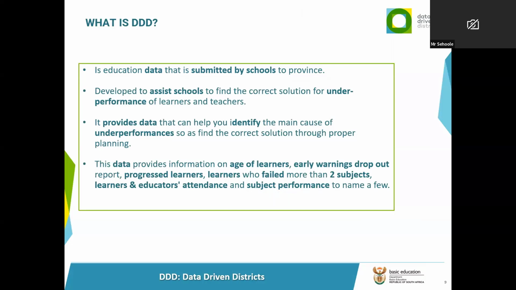This information is about the school, teachers, learners, performance, including the background of the learners who are receiving SASA, and also the information about the subjects that the school is offering.